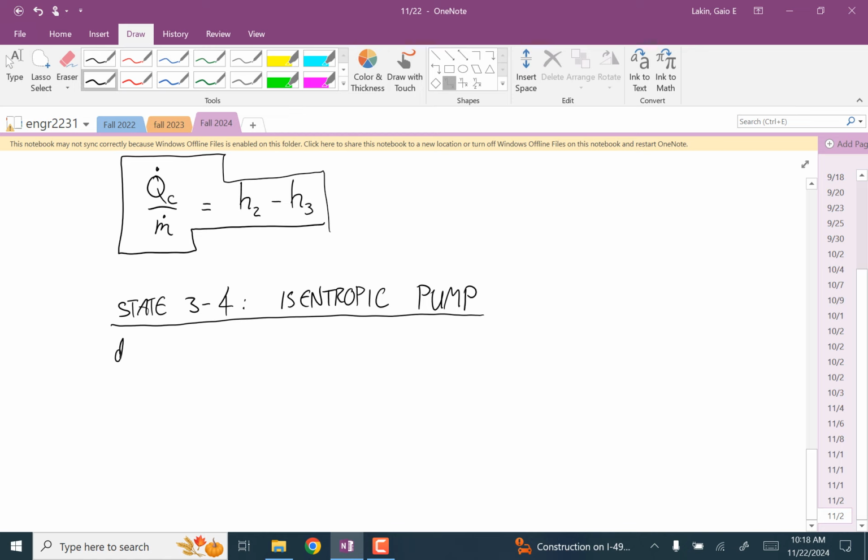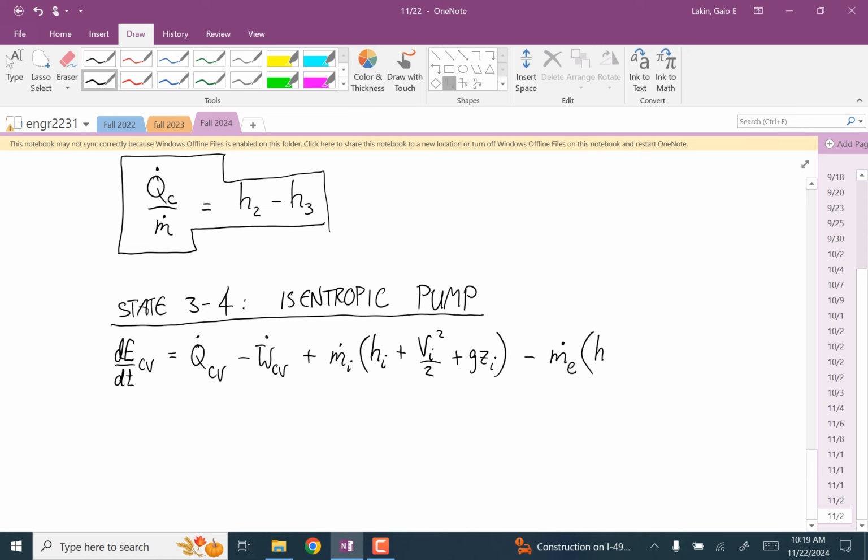And so start with the full form, dE/dt is equal to Q dot minus W dot plus m_i dot times the quantity h_i plus V_i squared over 2 plus g z_i, minus m_e dot times the quantity h_e plus V_e squared over 2 plus g z_e. And we're going to assume this is steady state.